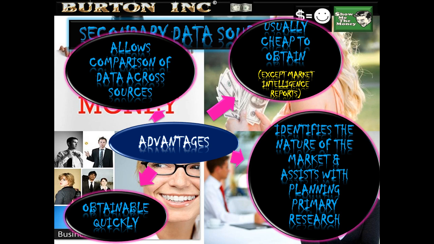It gives you the basic nature of the market, and it's important in assisting with planning primary research. It'll guide and direct what you need to find out specifically for your firm, your organisation. You can get it quickly, and we can have comparison across different data sources, so the validity of data can be cross-checked.